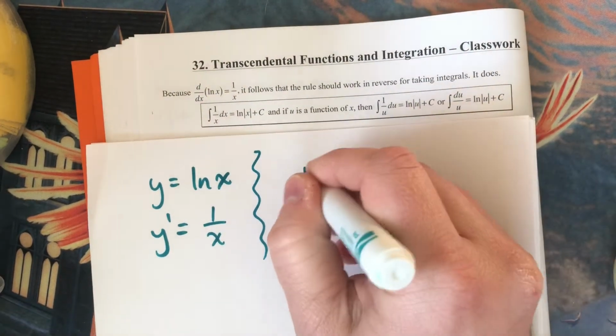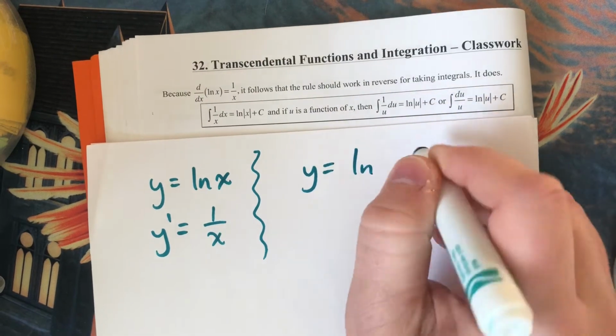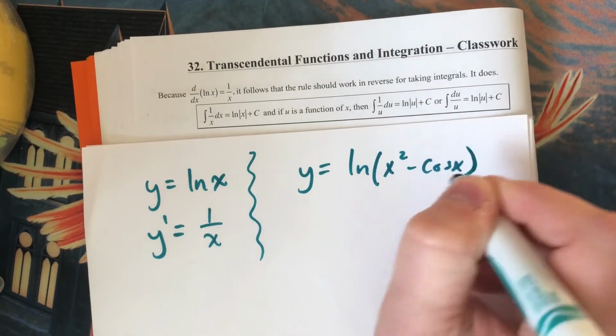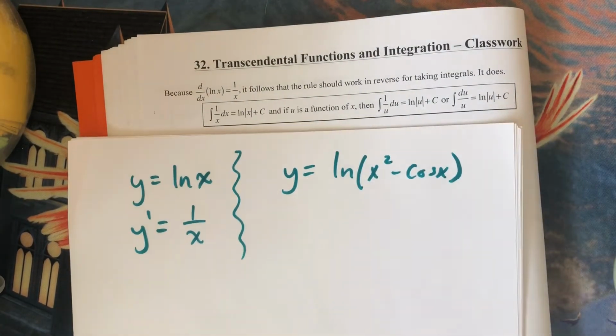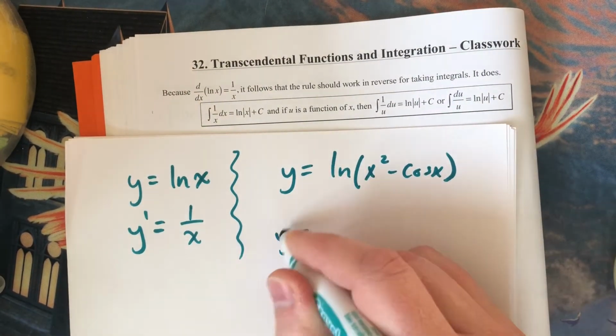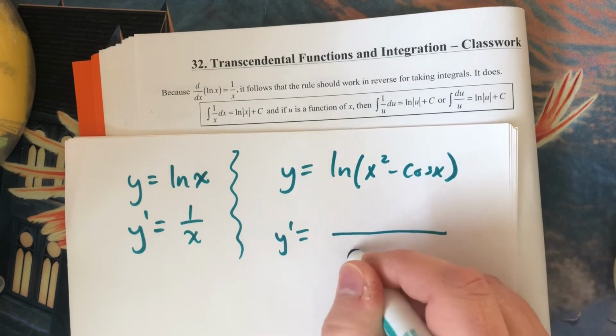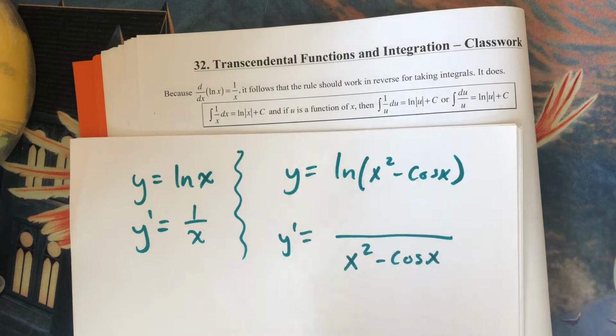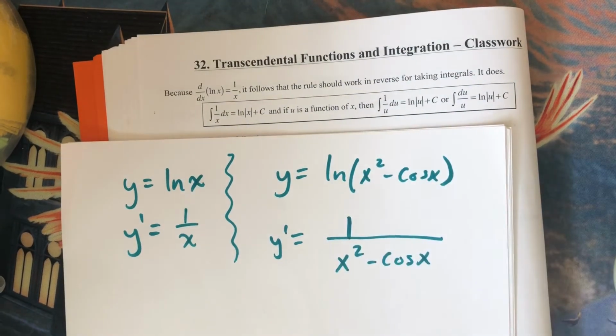So if we had y is equal to natural log of x squared minus cosine x, because we're in calculus, the derivative would be 1 over that. But then we would multiply by the derivative of the inside.